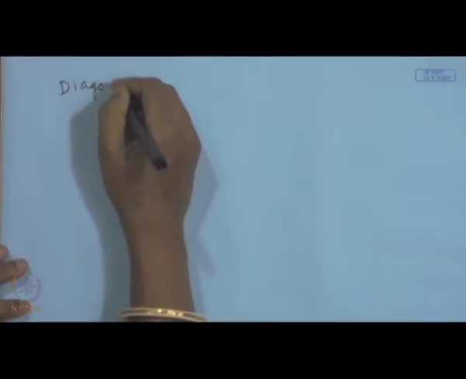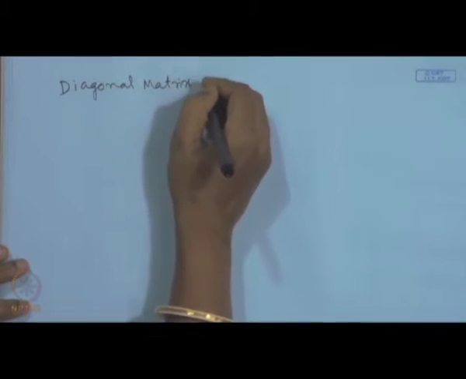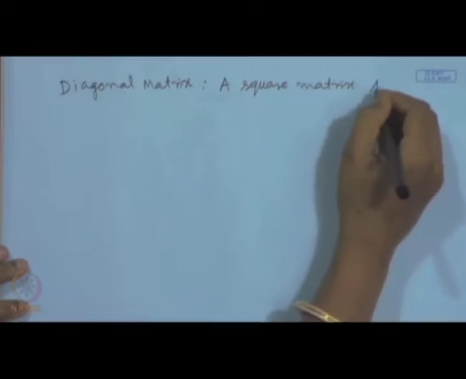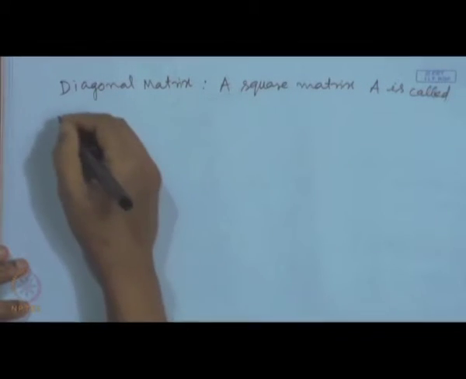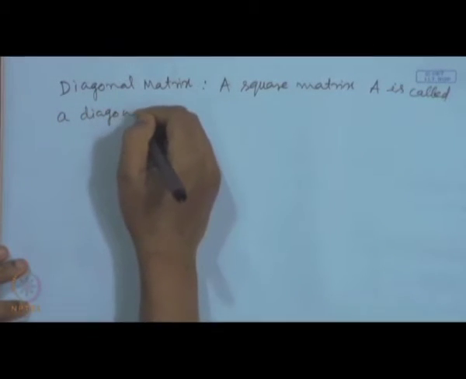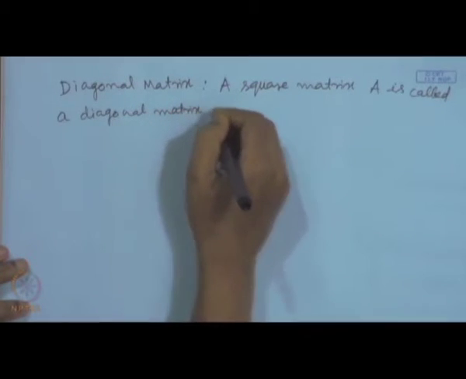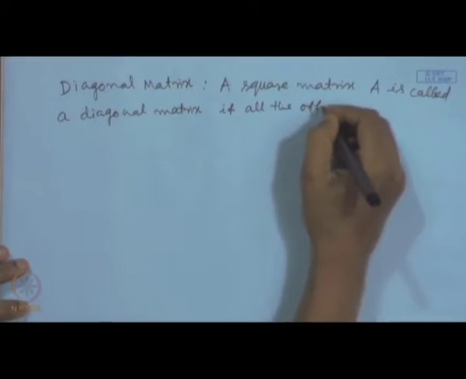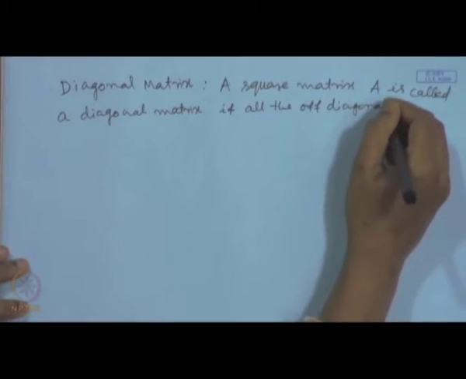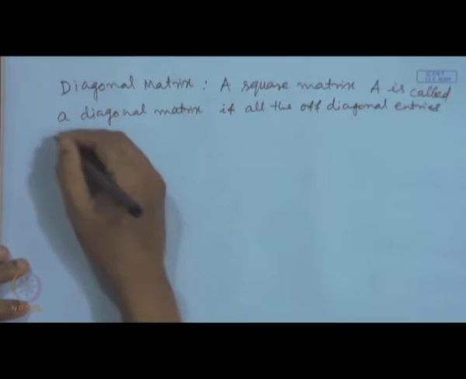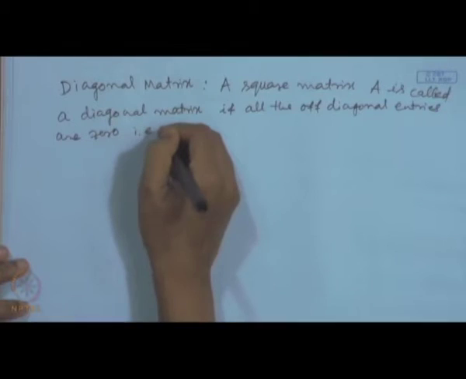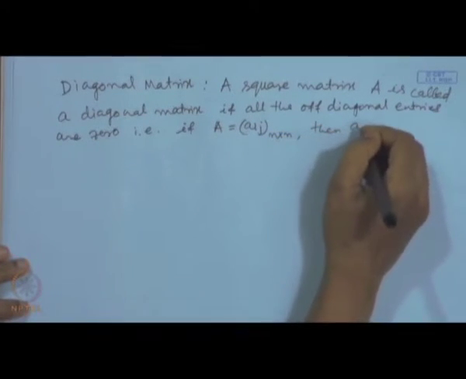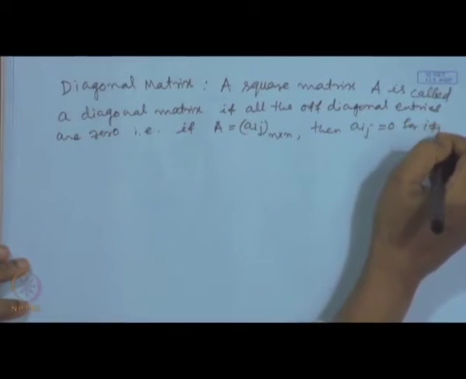A square matrix A is called a diagonal matrix if all the off diagonal entries are 0, that is, if the entries of A are Aij, then Aij equal to 0 for i not equal to j.